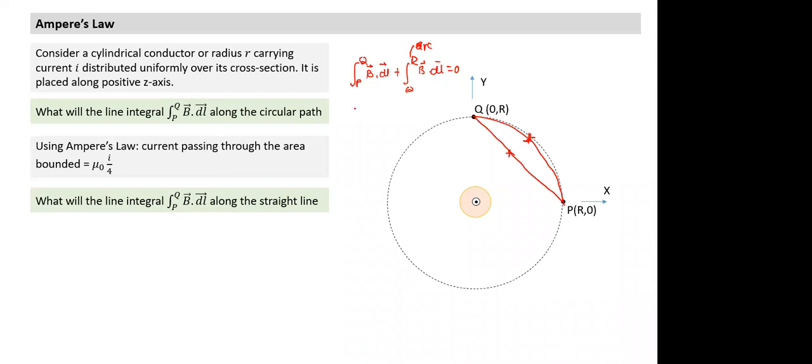So P to Q, B dot dl will be equal to Q to P again. If it is a minus sign, I can invert it. This becomes again P to Q, B dot dl along the arc. So both are the same. That's the third way.